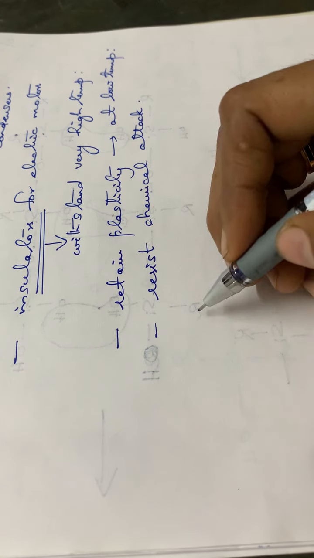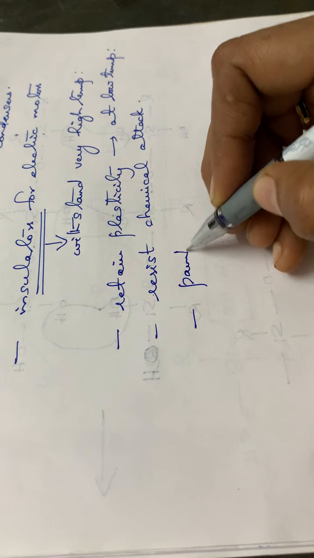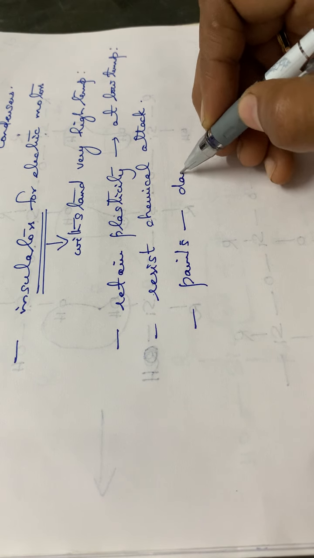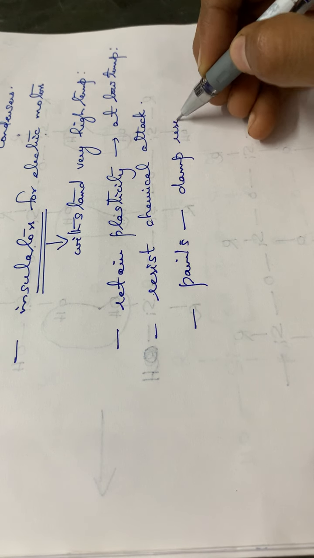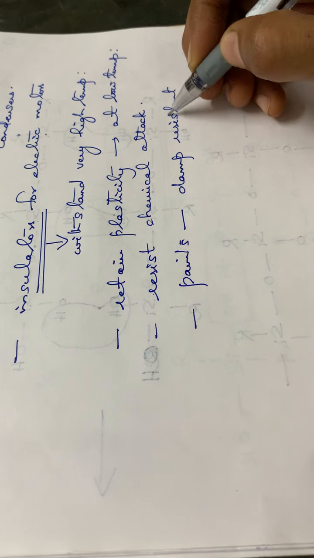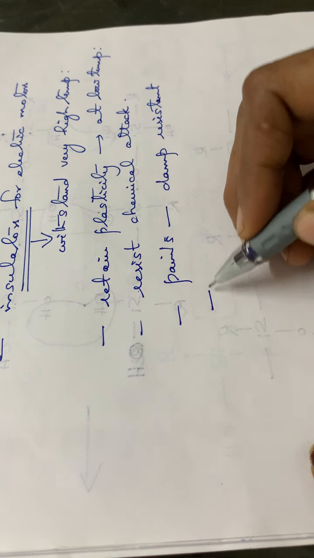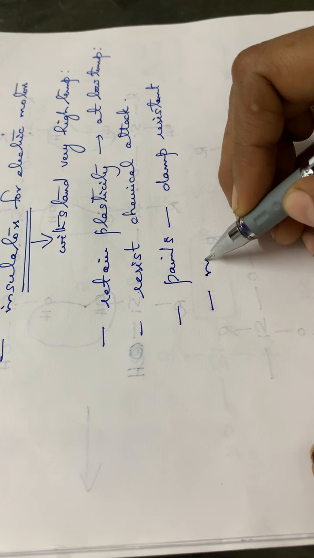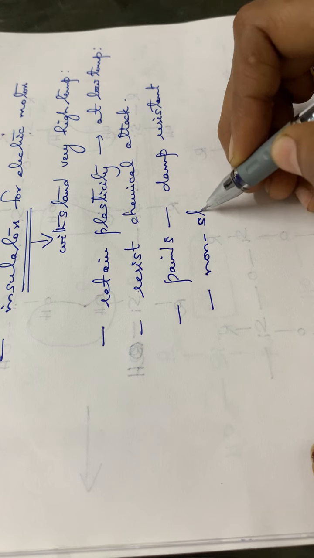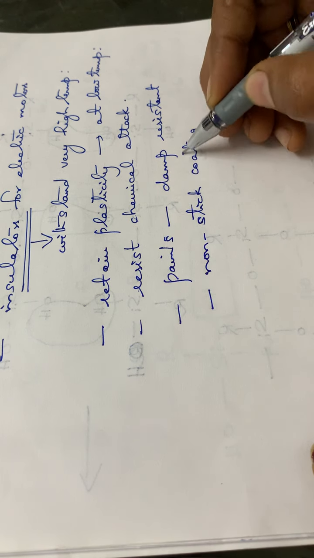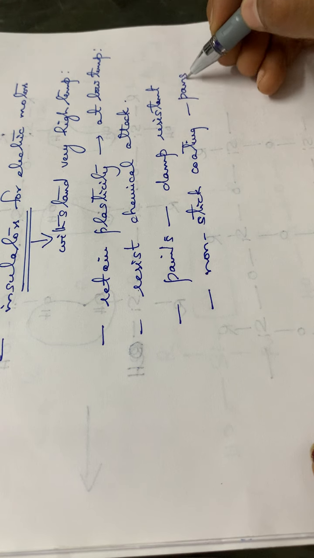Then they are used in paints also, in order to make them damp resistant. And also used in non-stick coating for pans.